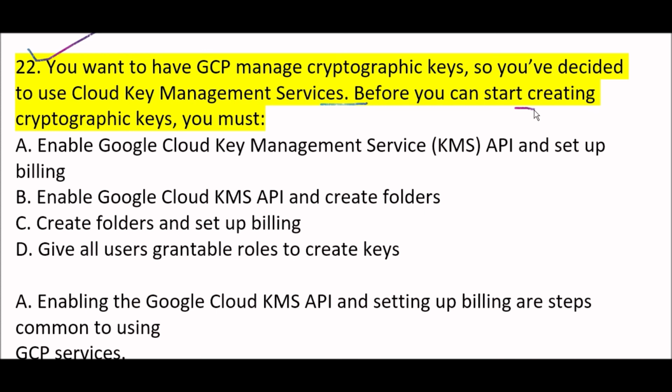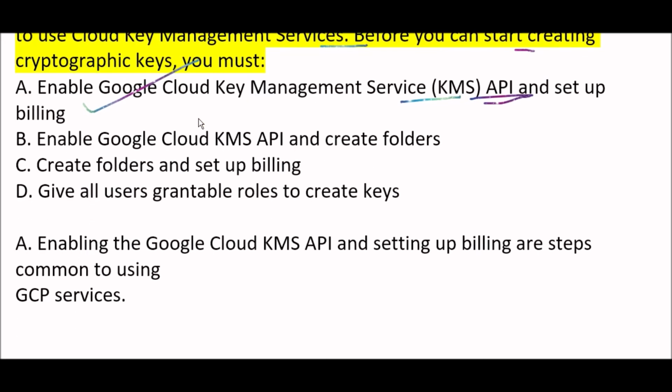Option D, give all users grantable roles to create keys. Right answer here is option A. Enable Google Cloud Key Management Service KMS API and set up billing. Okay, because enabling the Google Cloud KMS API and setting up billing are steps common to using GCP services. Okay, so right answer here is option A.